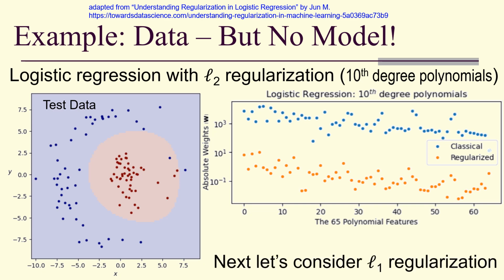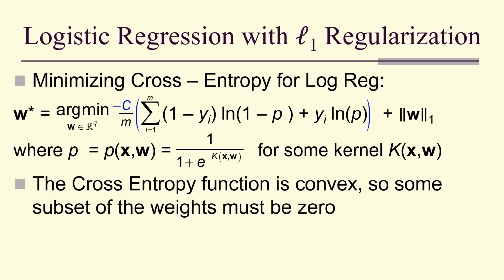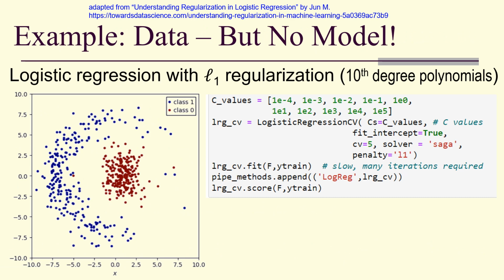So what about an L1 regularization? Well, now we add an L1 term. And notice we again have the C out in front. The cross entropy function is convex, so some subset of the weights will necessarily be zero. And if I combine the two, I get what's called the elastic net regularization of logistic regression.